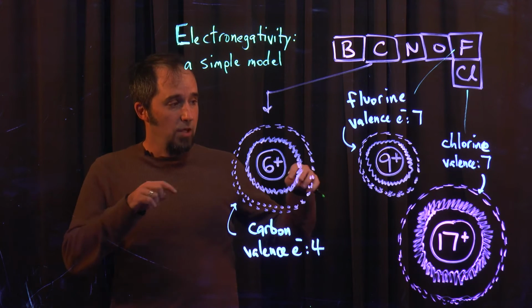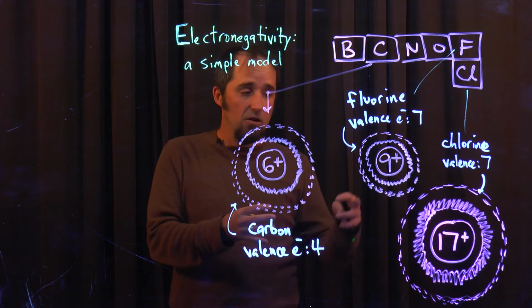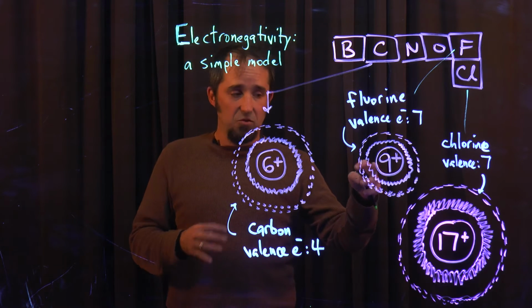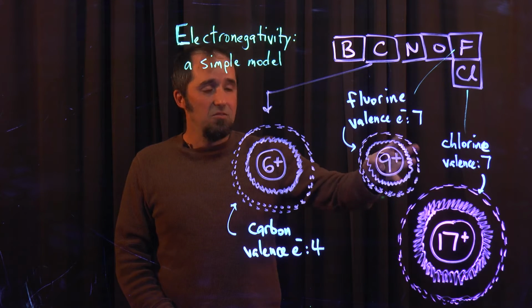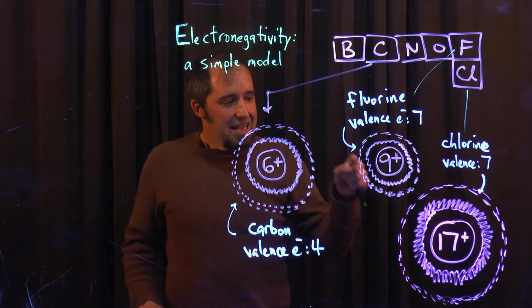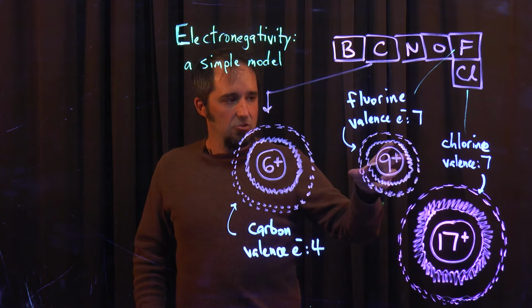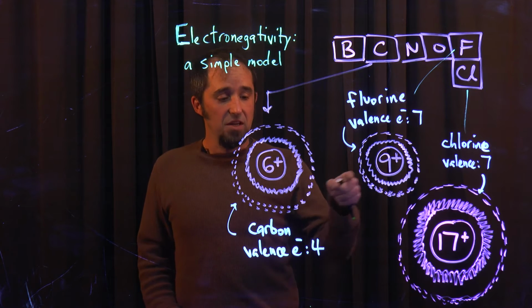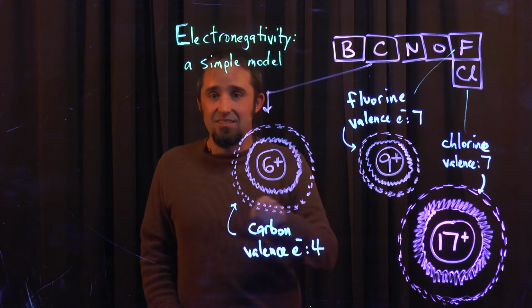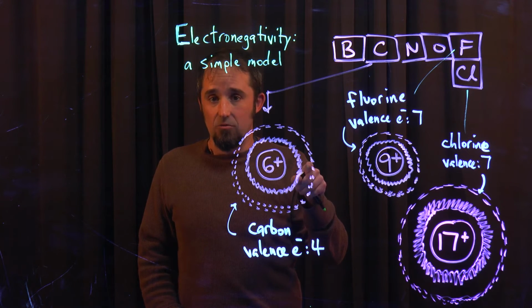In fluorine, we have a much bigger nuclear charge, right? So there's 9 protons there instead of 6. But now we've got 7 valence electrons. Each of these valence electrons in fluorine feels more pull to the nucleus than each of these valence electrons in carbon feels.